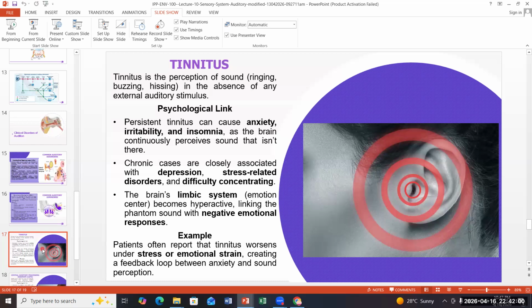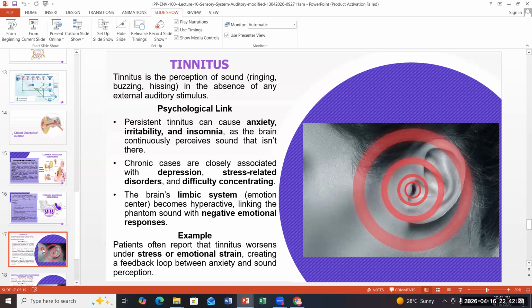This may cause anxiety, irritability, insomnia, and the person has difficulty coping with depression. The person does not feel comfortable, and it is actually the brain's limbic system becoming hyperactive, which is responsible for negative emotional response.